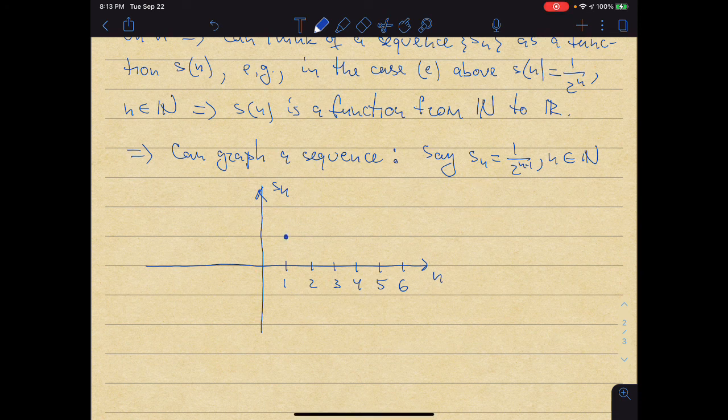Then S2 is going to be 1/2, then 1/4, 1/8, 1/16, and so on. So the graph in this case is a set of infinitely many discrete points.